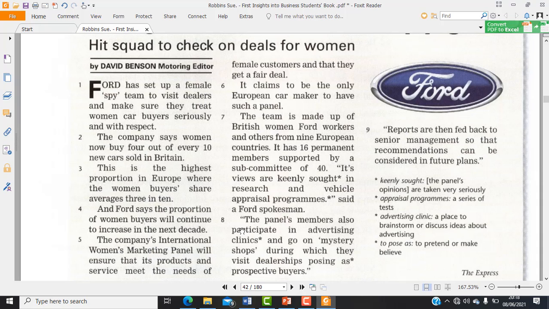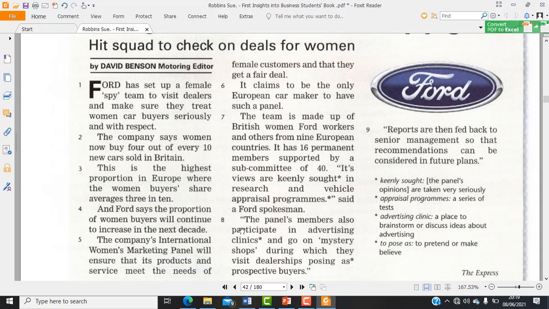This is the highest proportion in Europe, where the women buyers share average 3 in 10. Ini adalah pembagian yang terbesar di Eropa, di mana pembagian wanita itu rata-ratanya 3 dari 10. Biasanya kalau rata-rata di Eropa itu 3 dari 10, sedangkan di Britain itu 4 dari setiap 10 mobil, guys. Artinya kan itu hampir 40%. 40% of new cars, the women buy it.